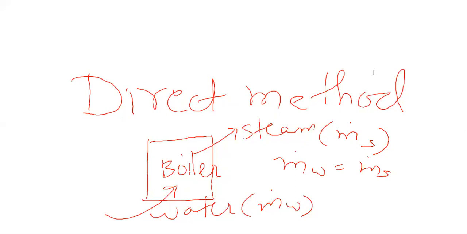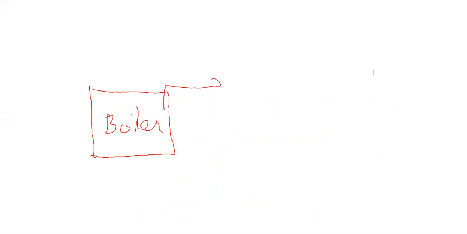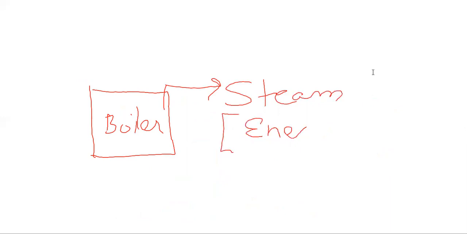So for the same boiler now, if I write the energy balance, you get steam which has certain energy output. This is the output of the boiler in terms of energy. In terms of mass, the output of the boiler is steam. In terms of energy, the output of the boiler is the energy associated with the steam.